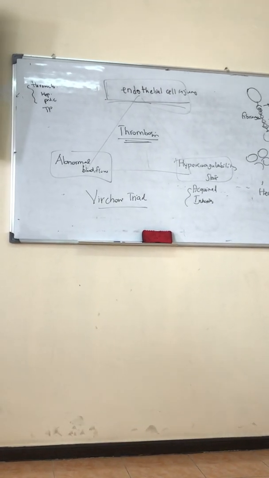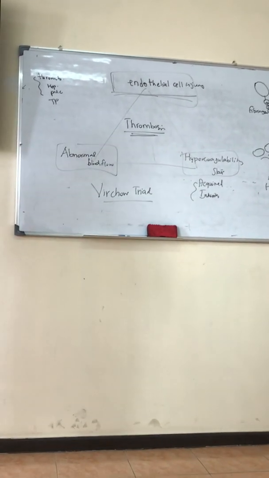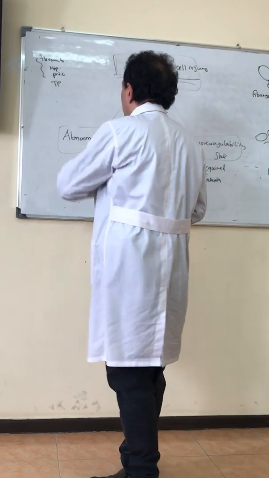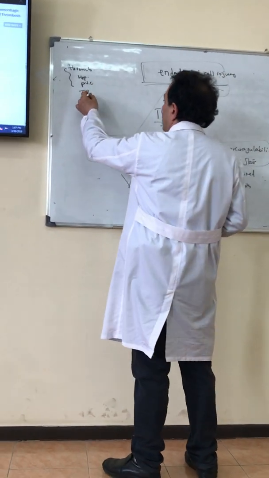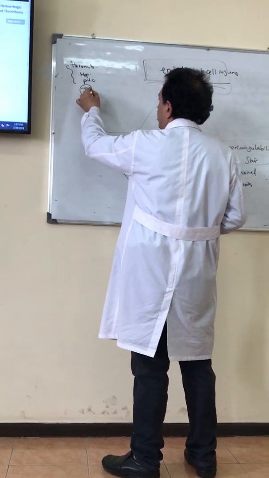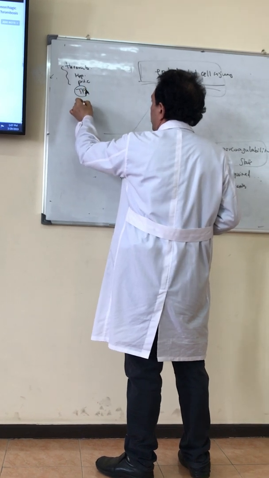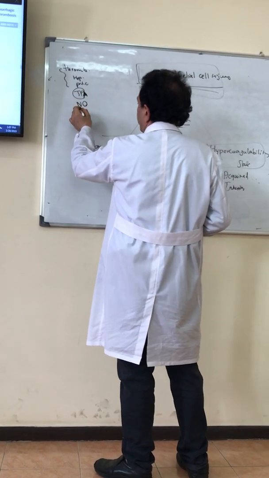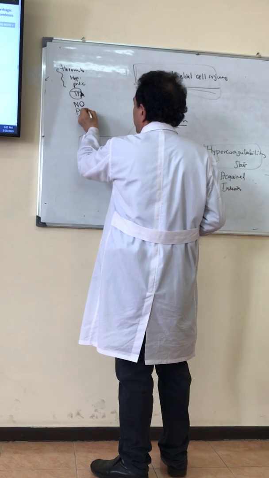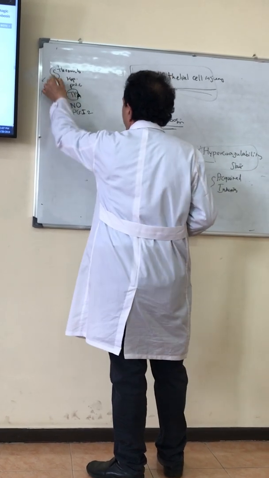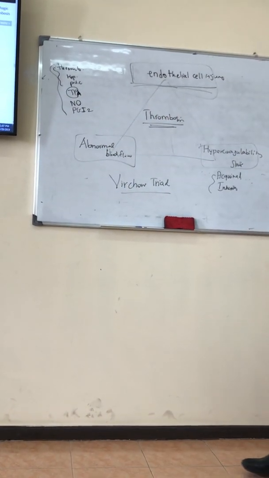So these three endothelial cells, as I said, normally, by having these types of molecules, tissue plasminogen activator, and by having nitric oxide free radical, prostaglandin I2, they are antithrombotic.